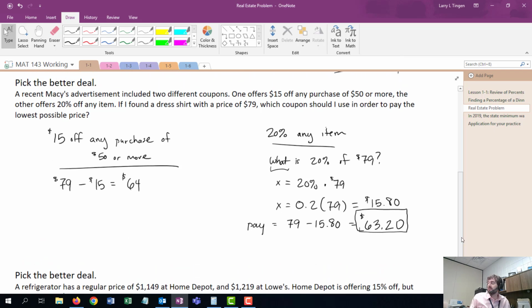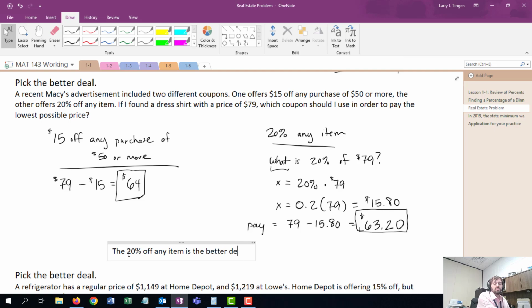The question did not say find the result of buying this shirt with both coupons. It said figure out which coupon is better. So we do need to state that the 20% off any item is the better deal for us. Right? I know it's only saving 80 cents, but it's saving 80 cents. So that is the better deal.